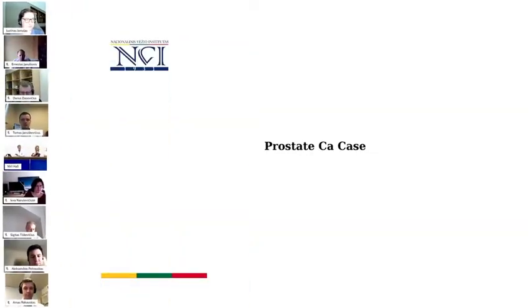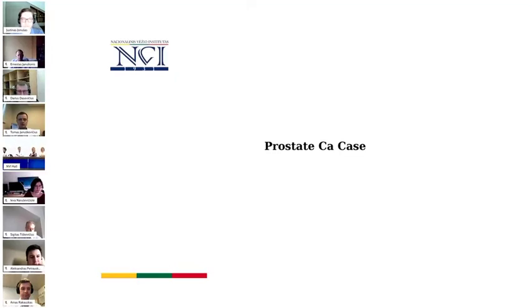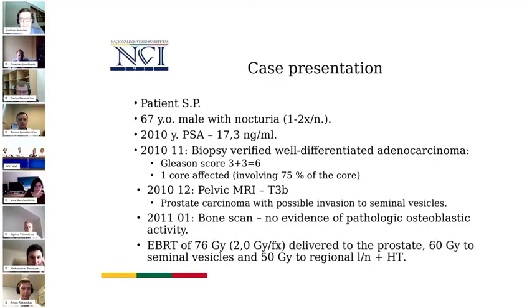So let's jump to the second case without hesitation. An increased PSA of 17.3 nanograms per milliliter was found in a 67-year-old male patient with nocturia in 2011. A systematic biopsy was performed, which showed prostate carcinoma of Gleason score 3+3 in one core.